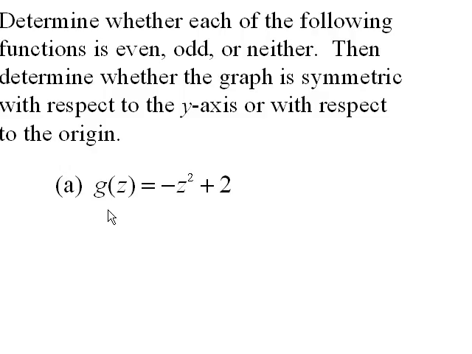What we'll do is compare the values g of z with the value g of minus z. So plugging in minus z for z, everything looks the same in the rule. You could take it apart word by word. G of z is square z, change the sign, add 2. So g of minus z is square minus z, change the sign, and add 2.